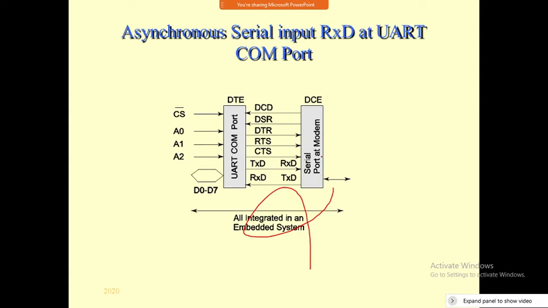Here this is a serial port at a modem. Here the data is going to be communicated between these two devices, sending the data and receiving the data. How exactly will it be done? We are going to see with this one.